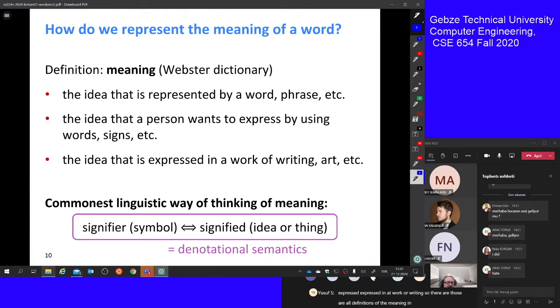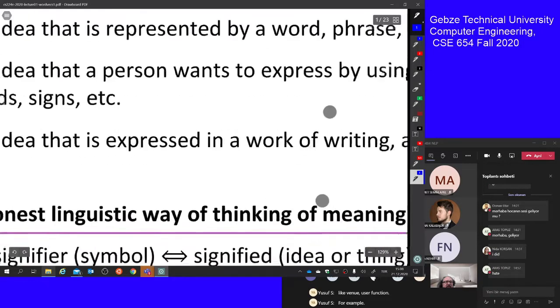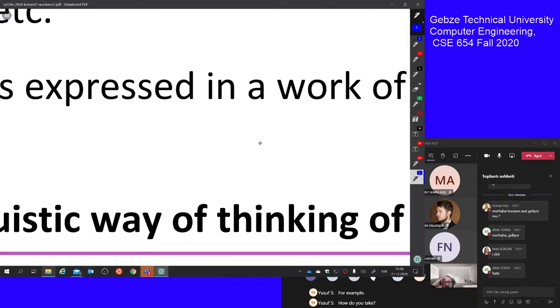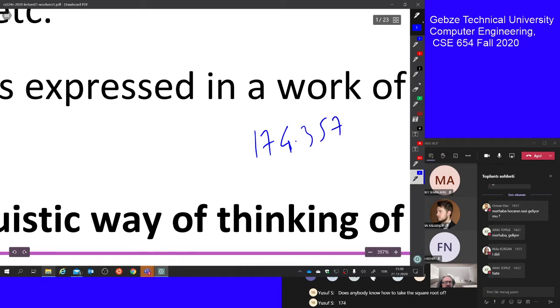In the computer engineering world, most of the time when linguists say meaning, they use denotational semantics. Denotational semantics is like when you use a function. For example, does anybody know how to take the square root of 174,357,6?